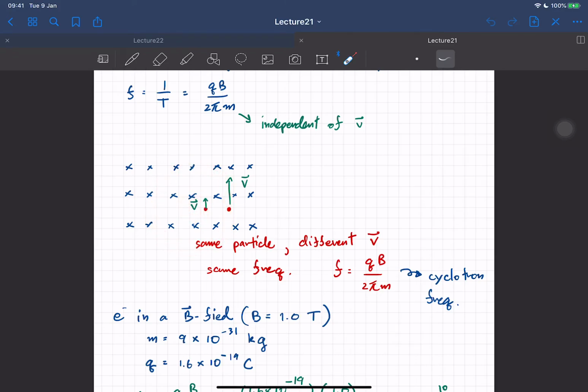Okay, and that's very important because we use this kind of technique to figure out what kind of particle you have in various types of experiments. Sometimes people are looking for new types of particles with unknown charge, unknown mass.